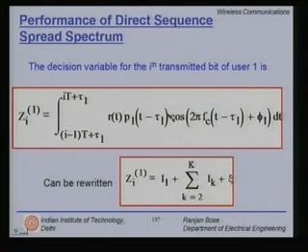Clearly and intuitively, I1 has something to do with the user's own despread signal. Here, the summation from 2 to K represents the interference due to the other users, and eta is the omnipresent additive white Gaussian noise.